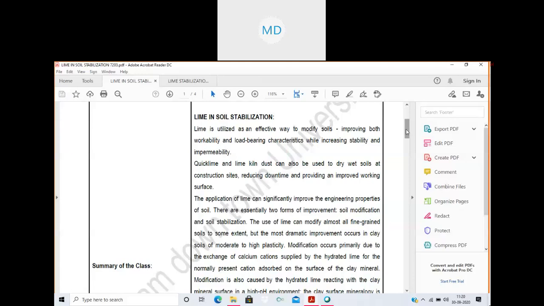So anybody can say what is soil stabilization? Just in one or two words. What is soil stabilization? Anybody?